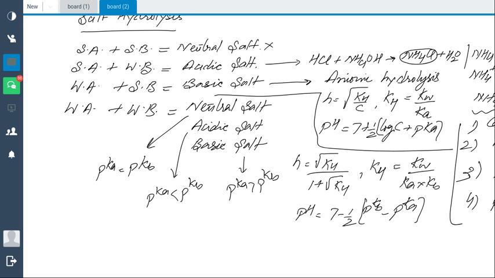h is the degree of hydrolysis, beta. Another IIT problem.